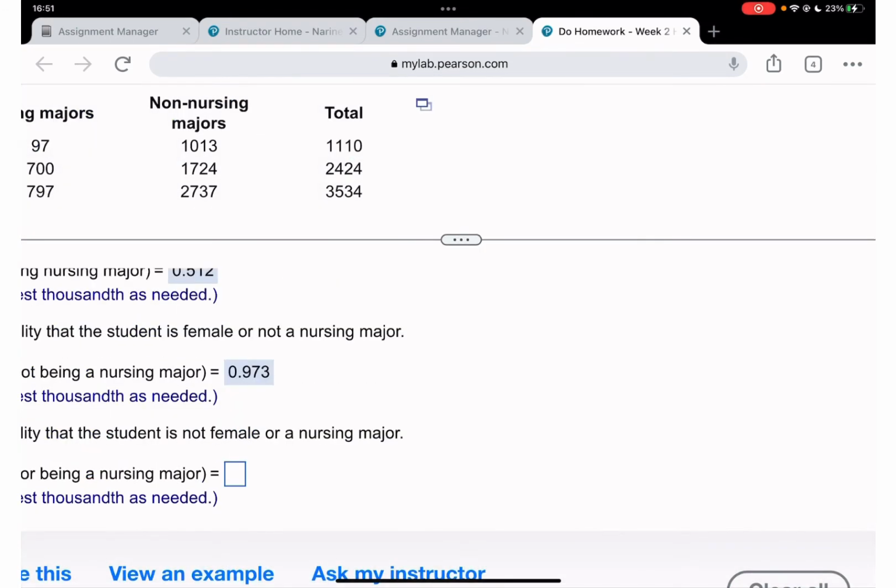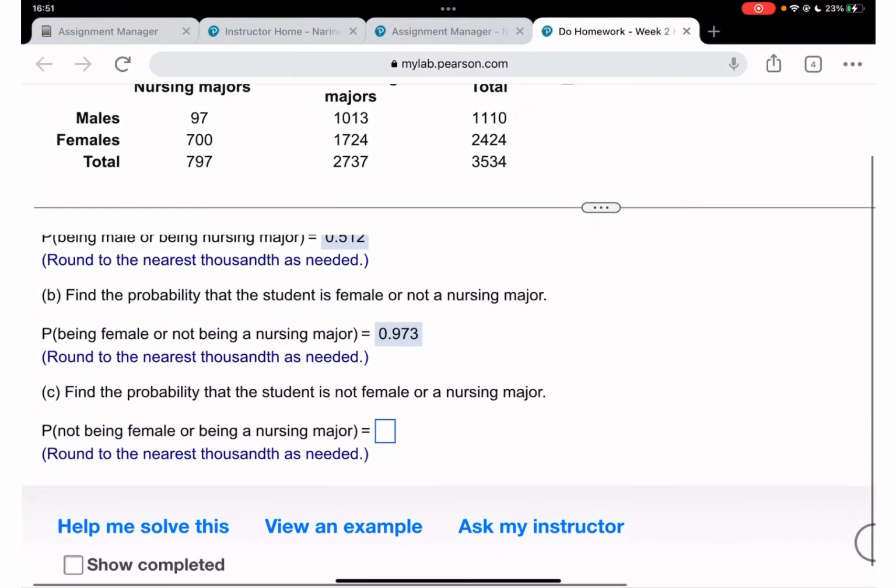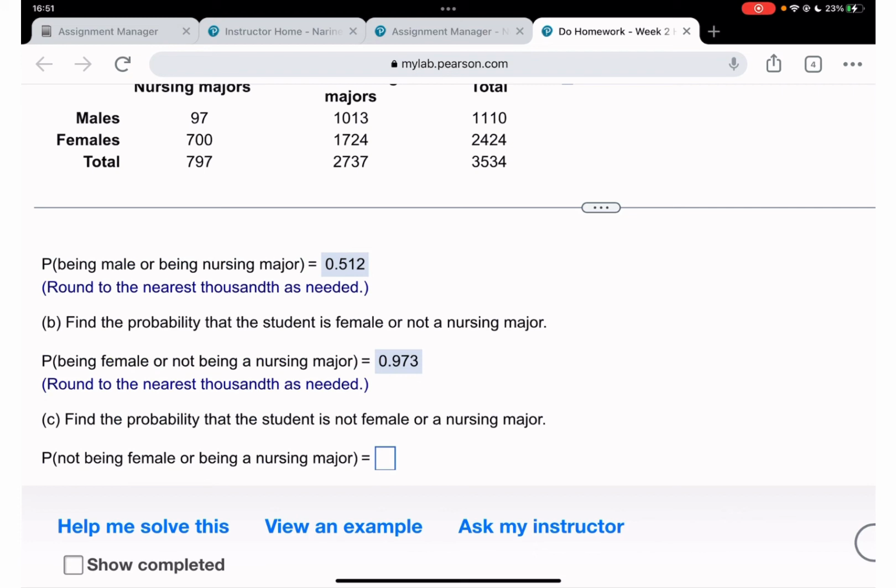Good job. Next one. So, not being a female or being a nursing major. Not being female, we have only one option, male. So it's again 1110 over 35, 34 overall total. That's not being female. And being a nursing major is 797 over 35, 34. But here is what is interesting.